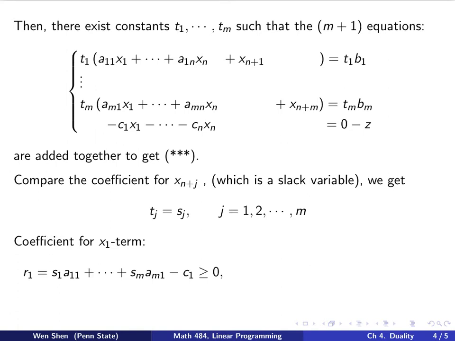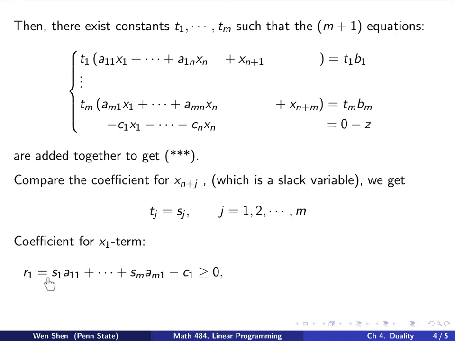Okay, so we're now going to write tj simply as sj. Then let's look at what happens to the coefficient for the x1 term. The final coefficient in the objective function will be the coefficient of all of these x1 terms added up, right?